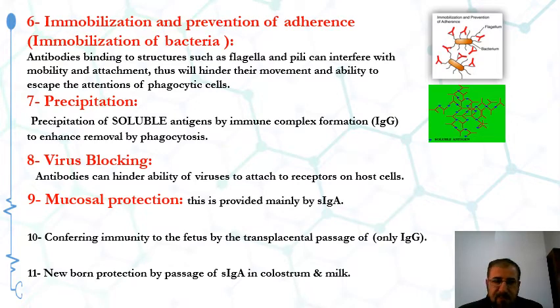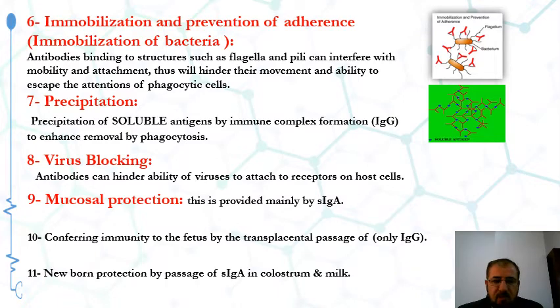Number 7, precipitation. Precipitation means precipitation of soluble antigens, and this will allow the phagocytosis to get rid of them or remove them more easily. So precipitation is best done by IgG antibodies. Number 8, virus blocking, and we said that before.